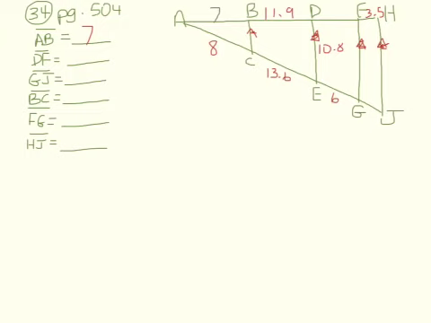Now, the next one I'm going to try to find is DF. Now I know that DF would be this part, and it would be proportional to AD.